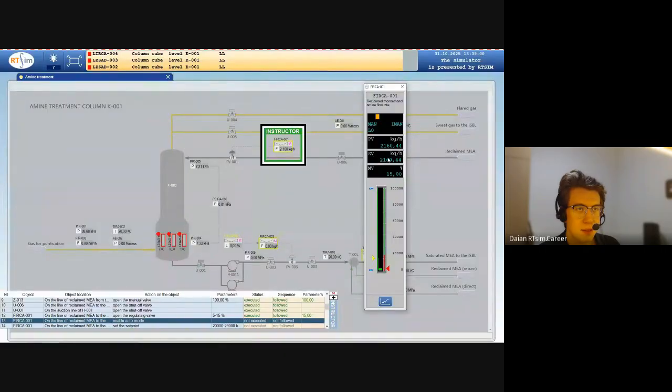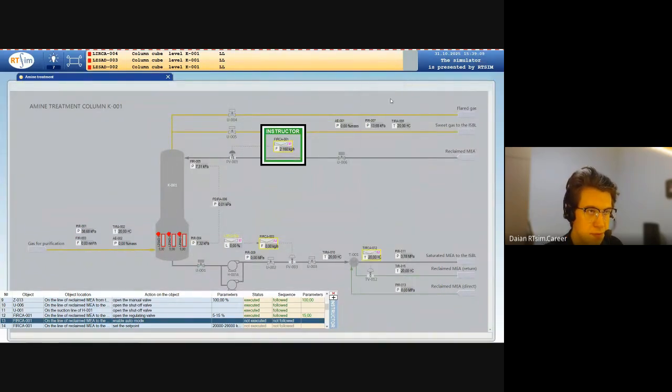CV is the set point in automatic mode. MV is the opening degree of our valve. And we see that the flow appears in the device, and regenerated monoethylamine began to gradually flow into the column.